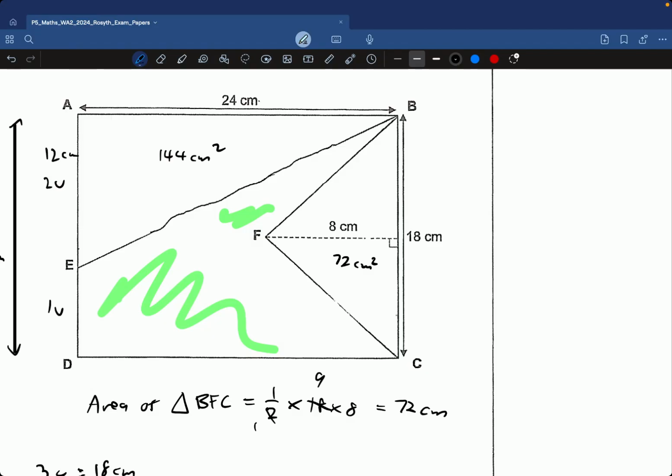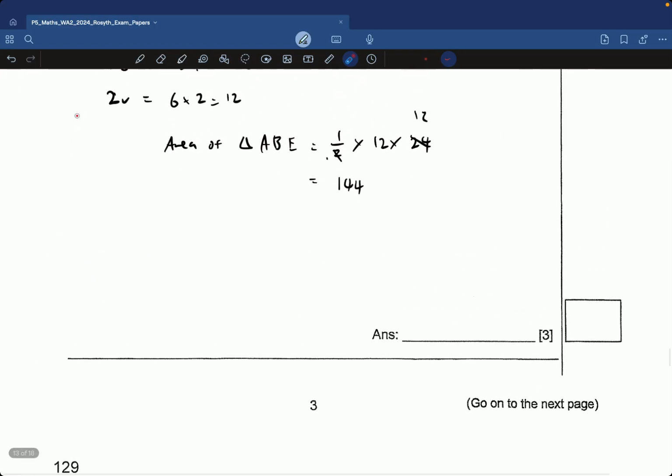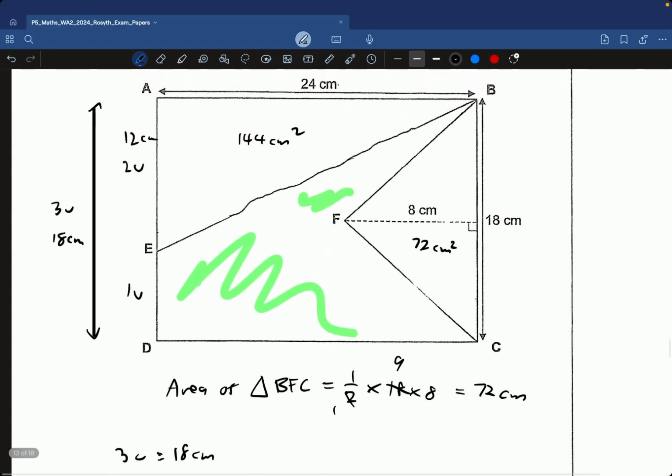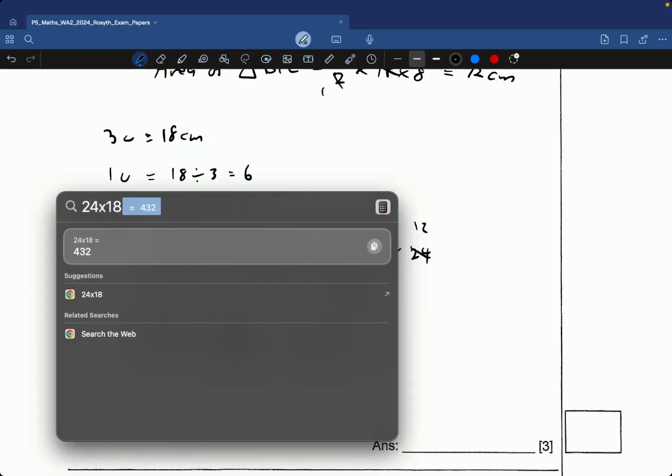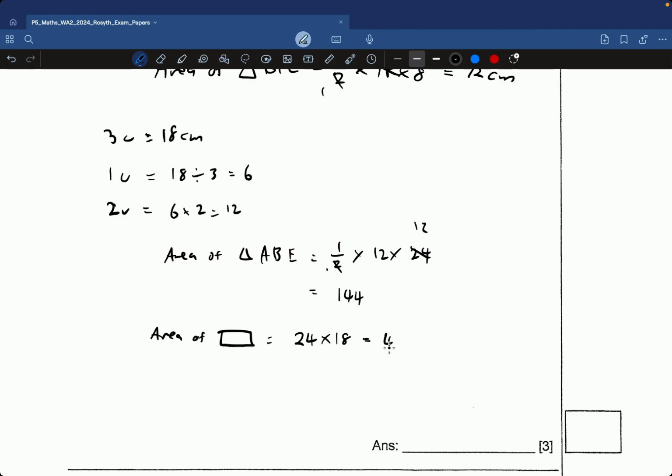Now we can get the whole rectangle minus the 2 triangles over here to get the shaded area. Okay, so let's get the area of the rectangle, which is basically 24 times 18. So 24 times 18, 432.